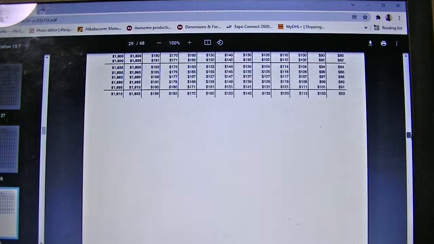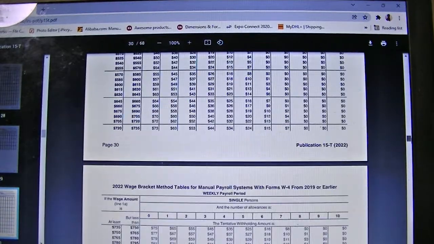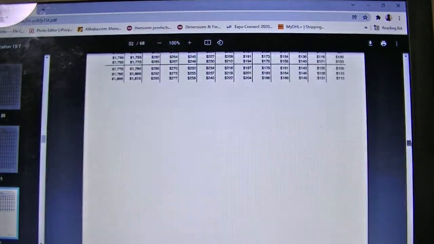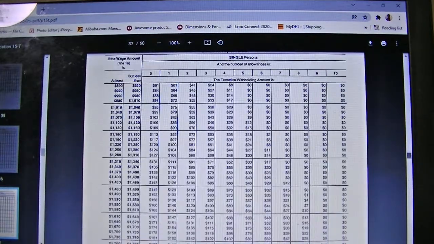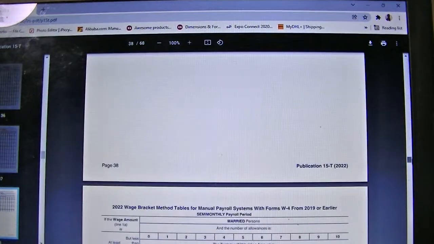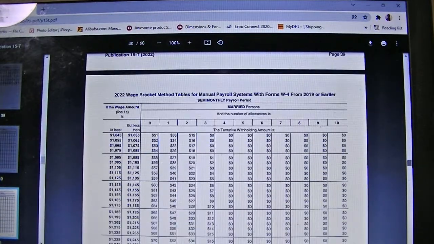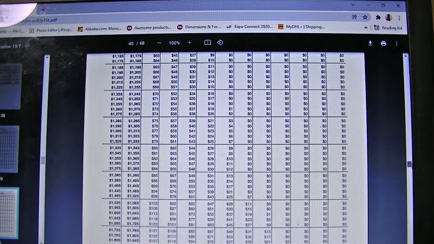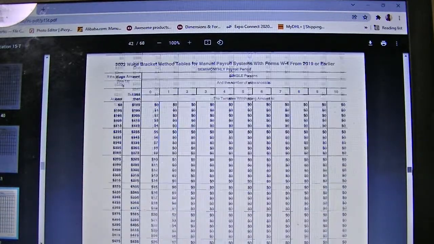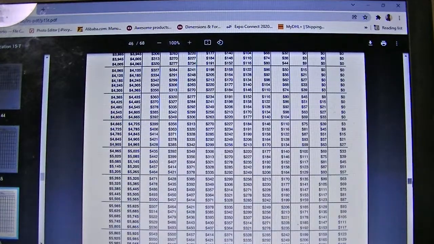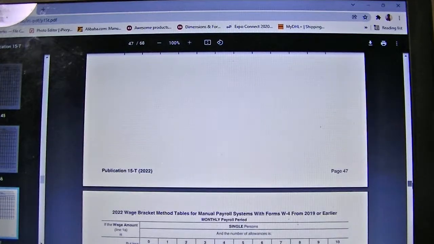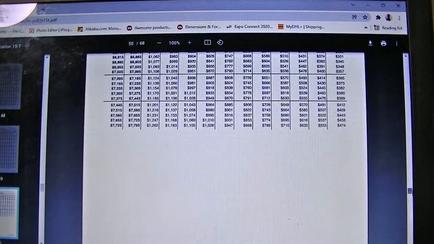There are options for annual, semi-monthly, okay, but you will just scroll all the way to the bottom.